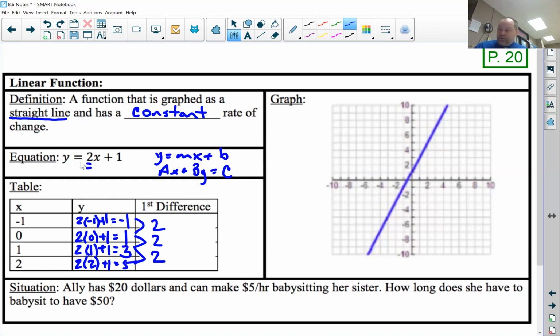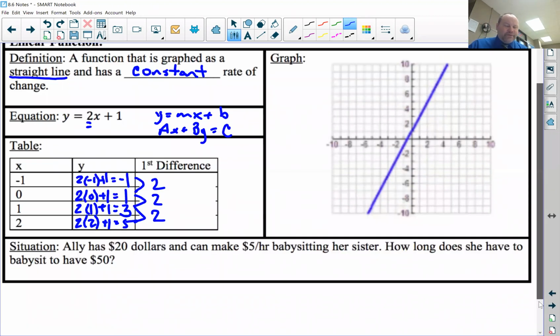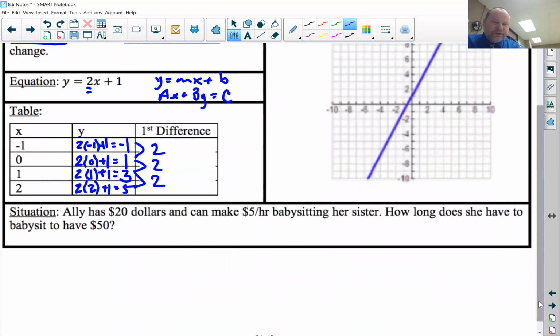All right. So one example, Allie has $20 and she can make $5 per hour babysitting her sister. How long does she have to babysit to have $50? So here is our constant rate of change.